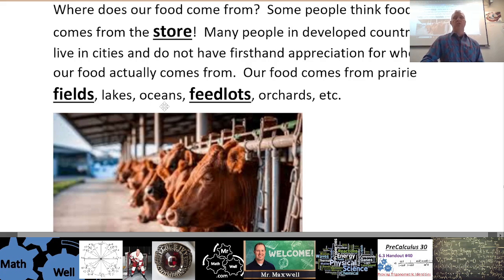Oceans, some of the fish come from there as well. Feedlots. We'll talk a little bit more about those, but they are larger industrial scale places where they grow cattle and pigs and chickens and whatever in larger scales. And orchards, where they pick fruit from the trees. So it comes from a lot of different places, not just from the store.